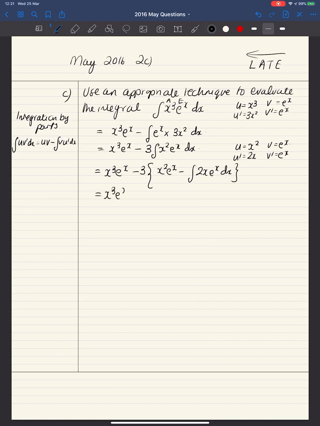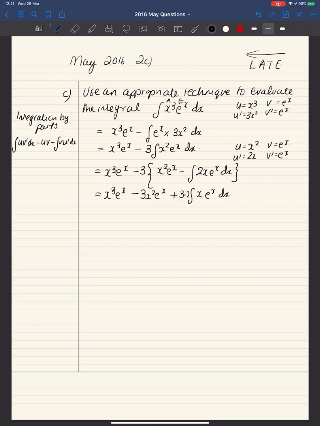So x cubed e to the x, multiply it inside the curly brackets by 3: 3x squared e to the x plus 3 times the integral, and I'm going to bring the 2 out as well, x e to the x dx, just to keep neat.